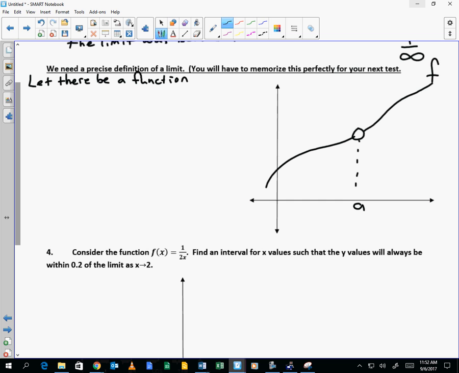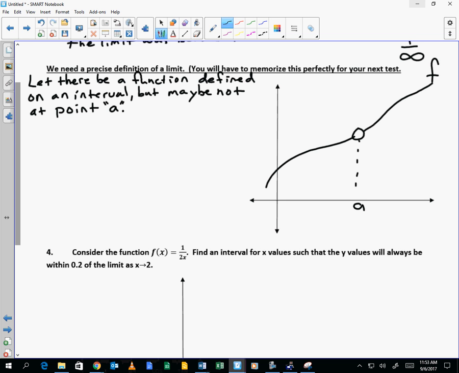Let there be a function, that's my function, defined on an interval, but maybe not at point A. Is everybody okay so far?